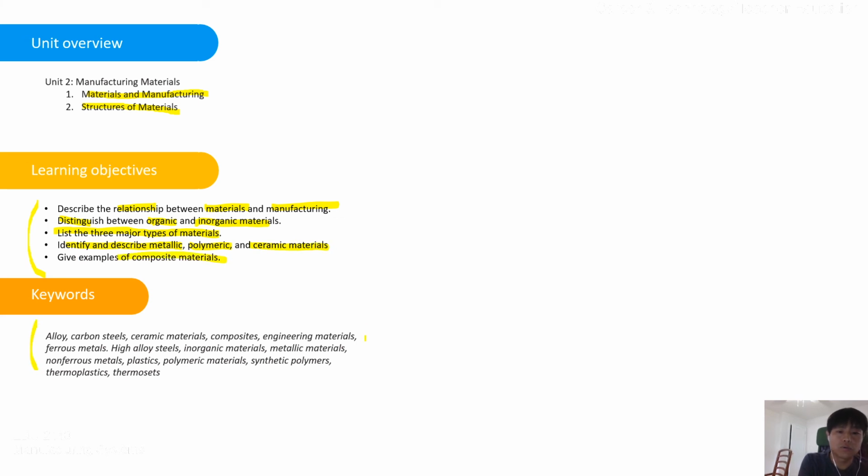Keywords are alloy, carbon steel, and ceramic material. We hear these terms a lot in daily life from many products, but in this class we will learn how these materials consist of their elements.